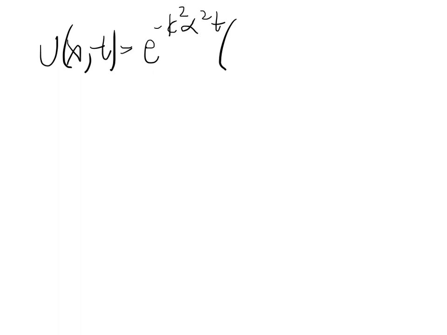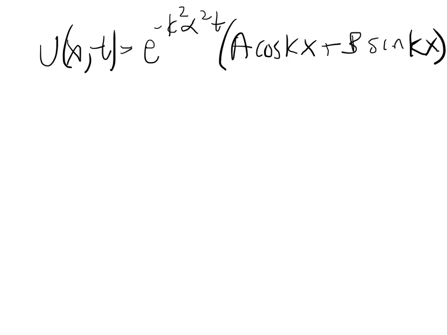So that gives us an expression of u as u of x comma t is equal to e to the minus k squared alpha squared t, parentheses, a cos kx plus b sine kx. Remember, this is coming from the k not equal to 0 case, and then to it we add the k equals 0 case, essentially the steady state one, c plus dx.